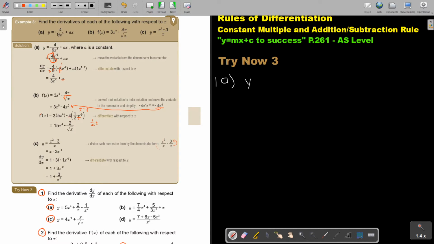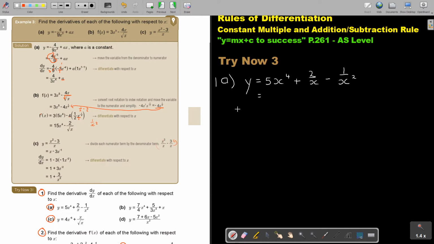So I prefer to write first the function down. So this is going to be 5 x to the power of 4 plus 2 over x minus, so I first write it as it stands there in the textbook. Okay, now I'm going to get it ready to differentiate.